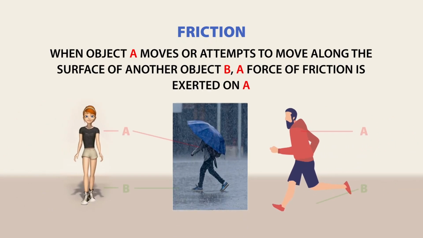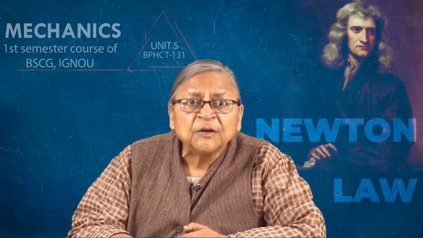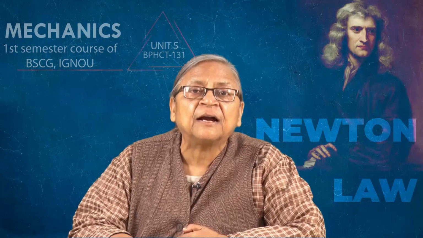So when object A moves or attempts to move along the surface of another object B, a force of friction is exerted on A. And as I said, friction is very necessary in our lives.